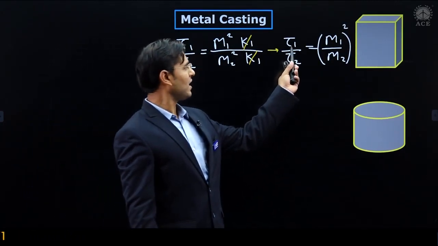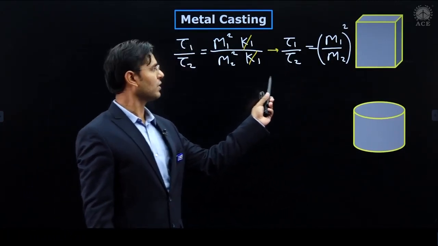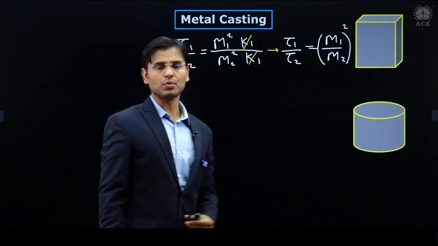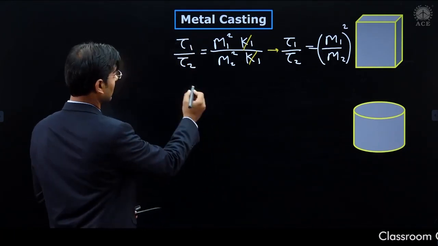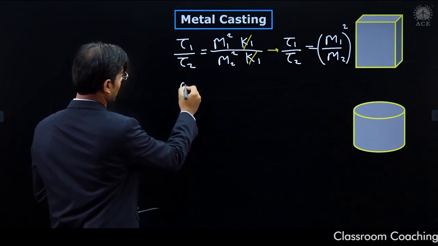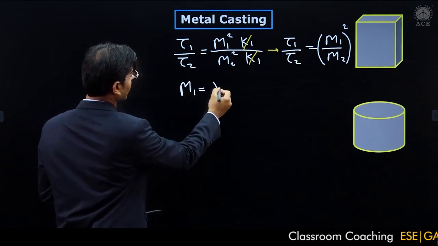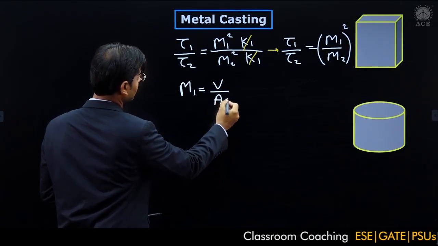Now we know the value of tau 1, and we have to calculate tau 2. But what are M1 and M2? M is the mold modulus. The formula is M1 is equal to volume divided by surface area.